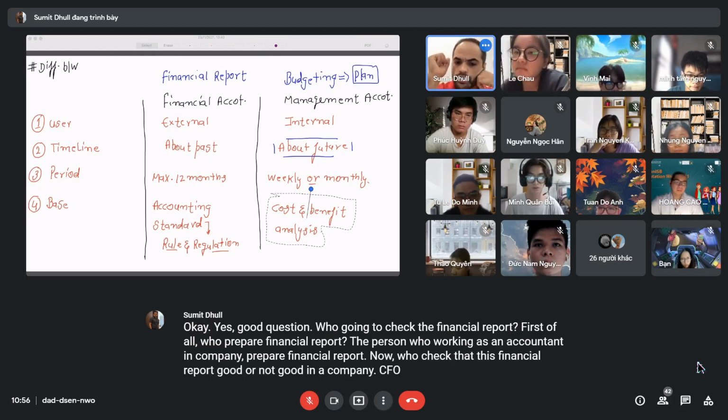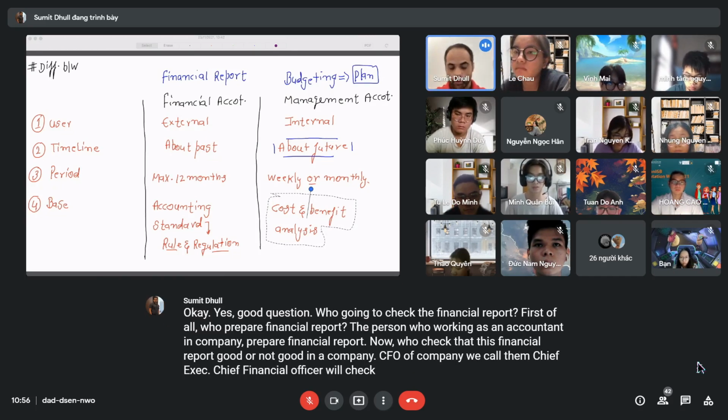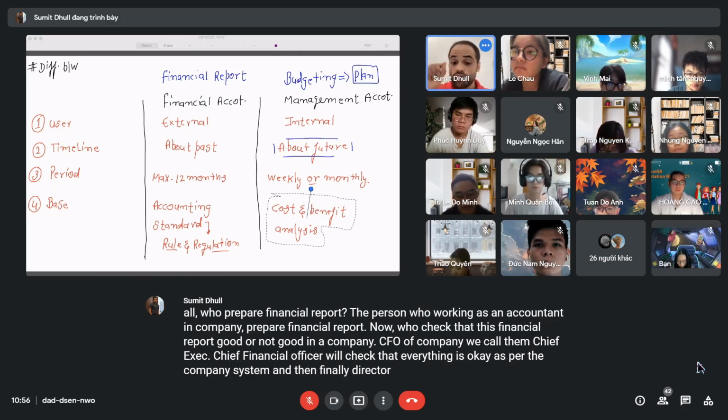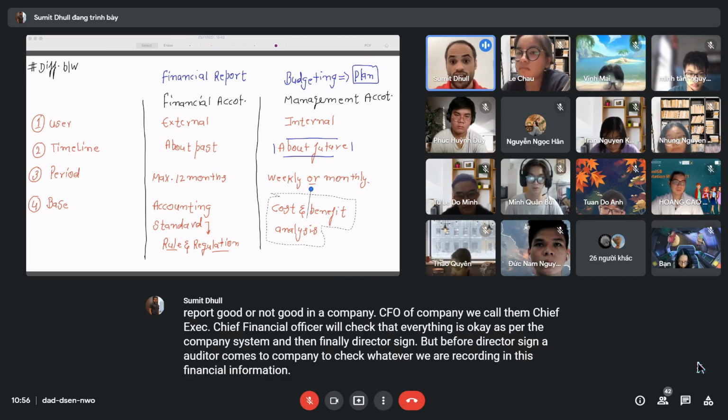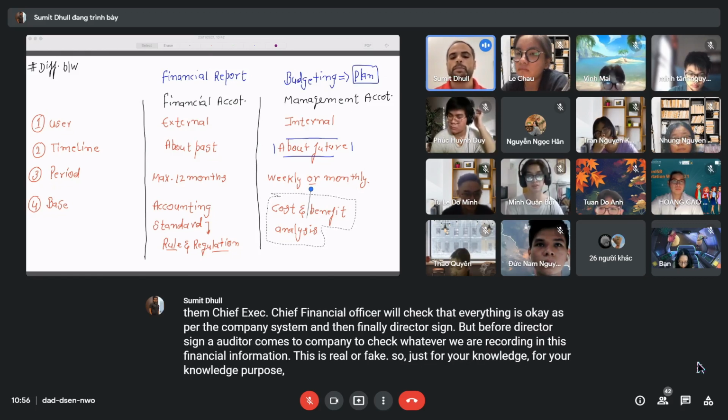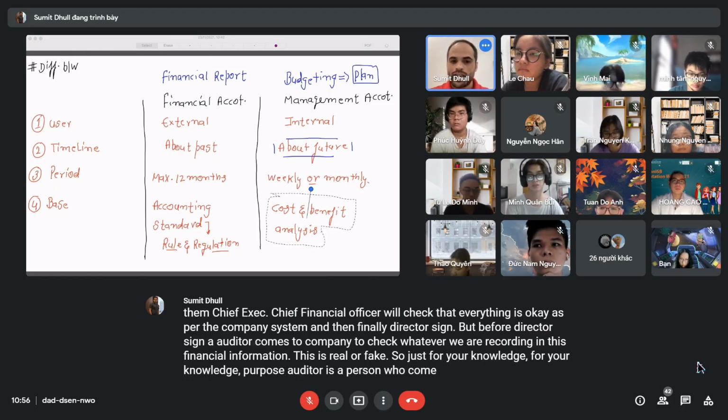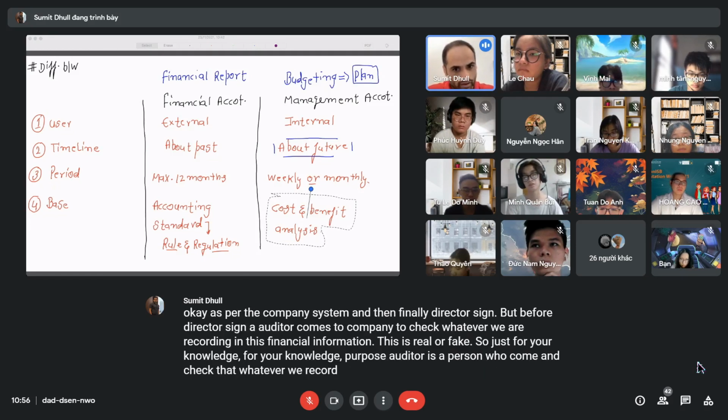The CFO of the company, we call them chief financial officer, will check that everything is okay as per the company system, and then finally the director signs. But before the director signs, an auditor comes to the company to check whatever we are recording in this financial information, whether this is real or fake.